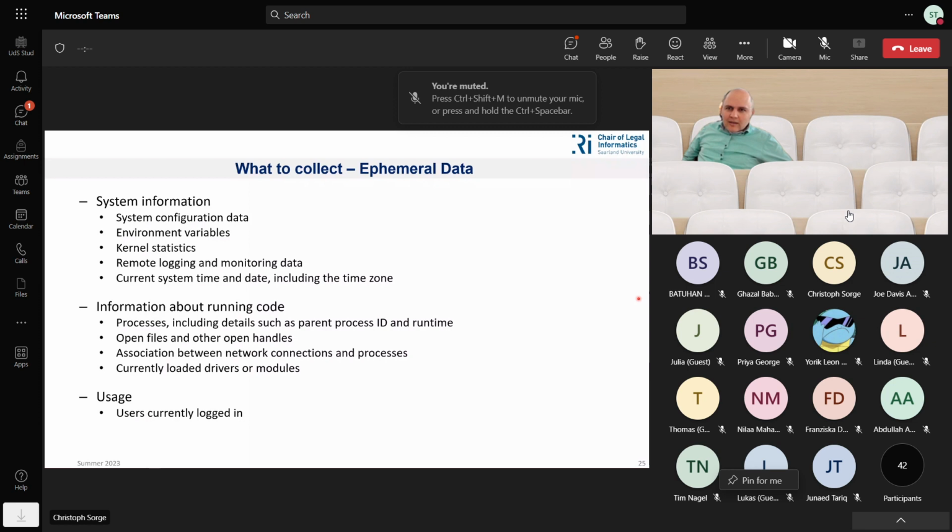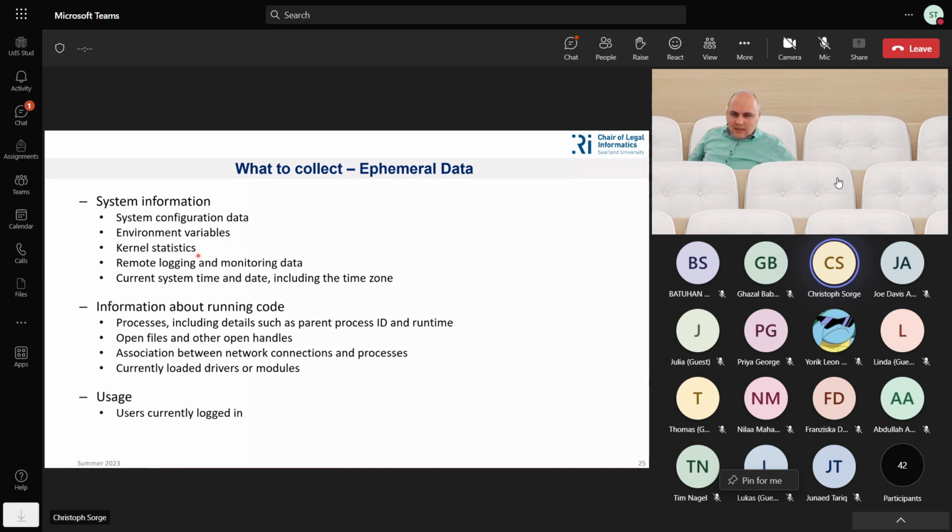Okay, then let's continue. Other data would be system configuration. What might that be? Installed drivers, stuff like that. Environment variables that set, for example, search paths within the file system.